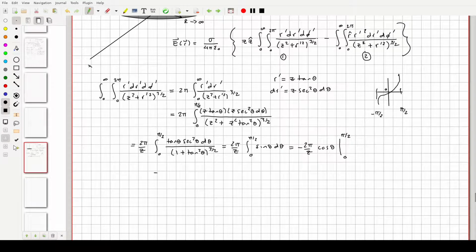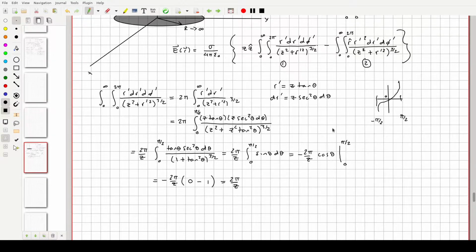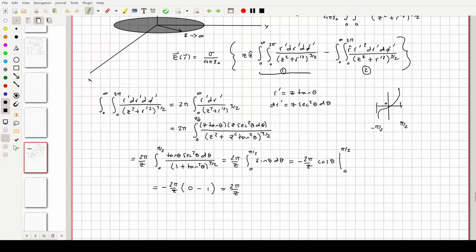So when you do that, you have cosine of pi over 2, cosine is 0. Minus cosine of 0, that's 1. A minus times a minus is a plus, so this integral ends up being 2 pi over z. Okay, so that's easy enough. So this right here is 2 pi over z.